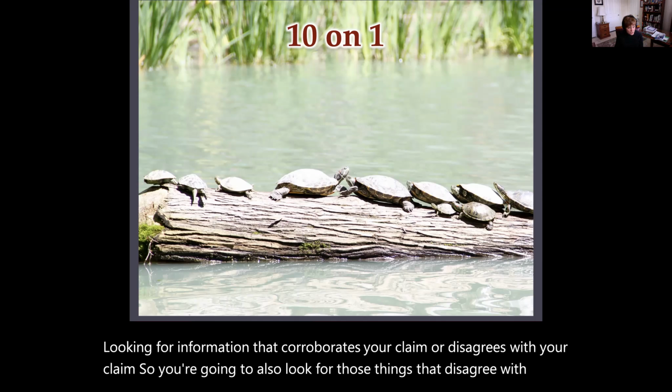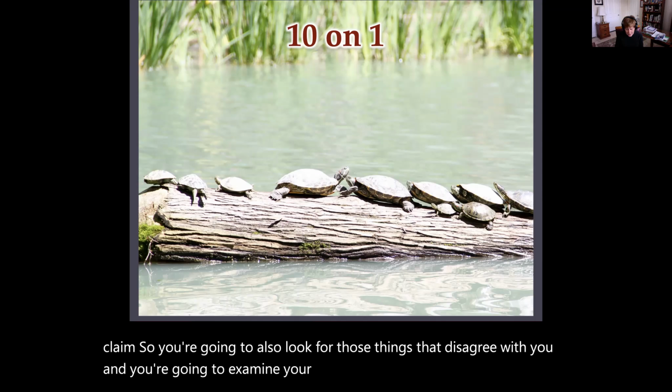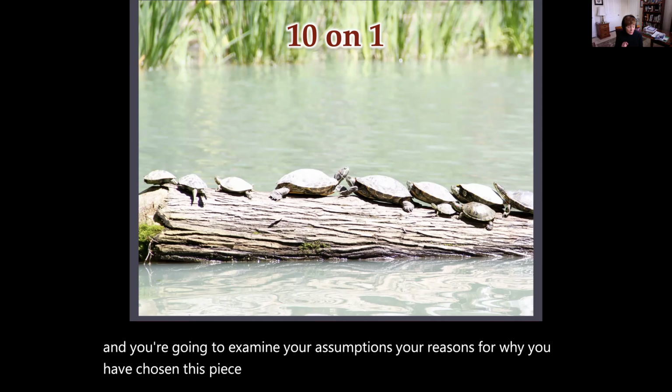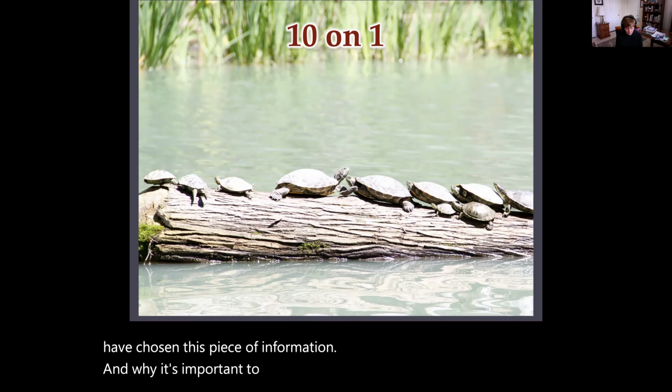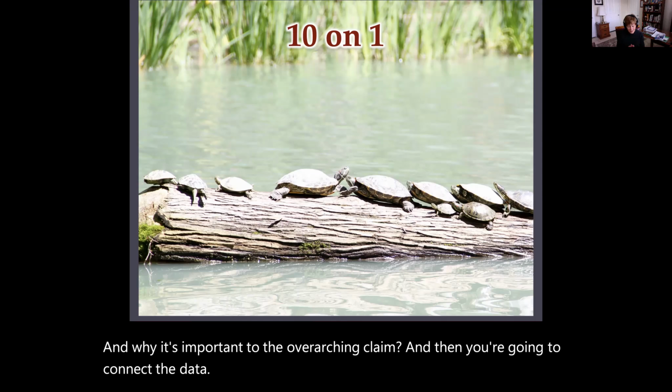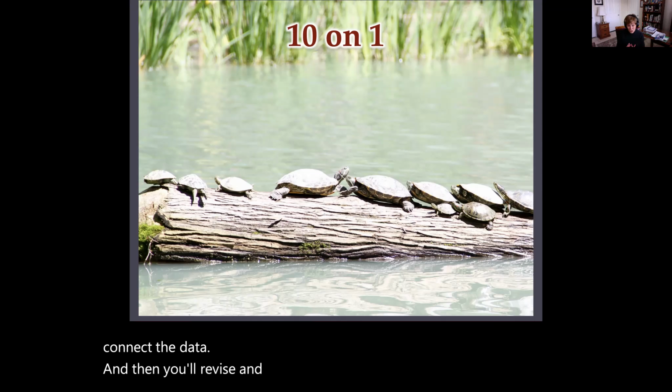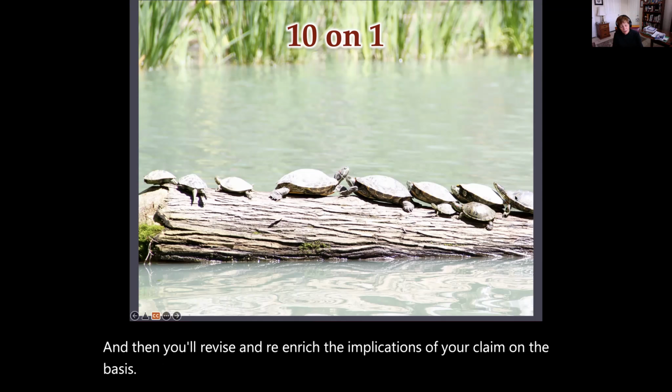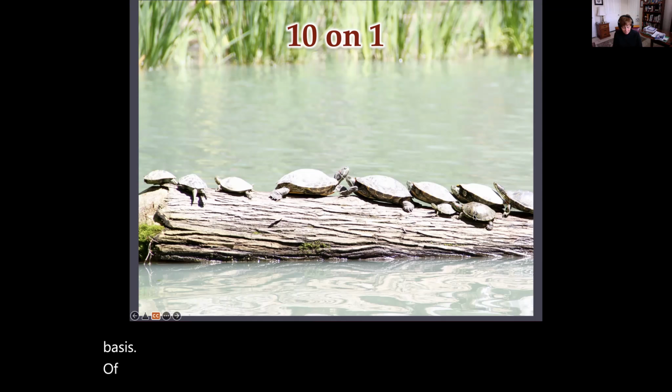And you're going to examine your assumptions, your reasons for why you have chosen this piece of information and why it's important to the overarching claim. And then you're going to connect the data. And then you'll revise and enrich the implications of your claim on the basis of your examples. That's inductive reasoning.